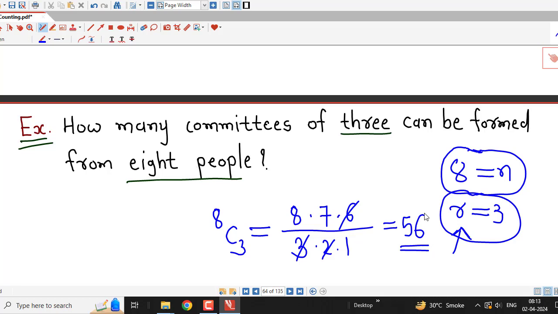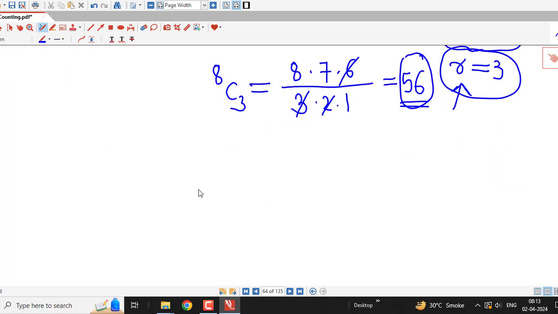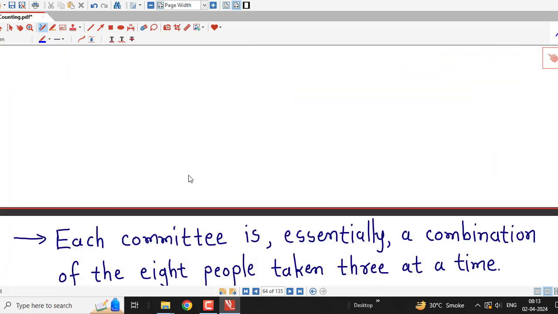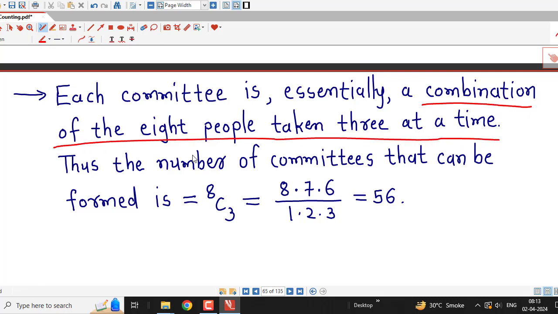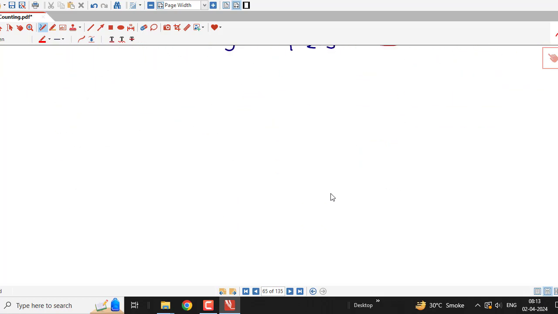So there are 56 different committees of 3 persons which can be constructed out of 8 persons. So we have to write systematically. Each committee is essentially a combination of the 8 people taken 3 at a time, and the number of committees that can be formed is given by 8C3, that is 56.